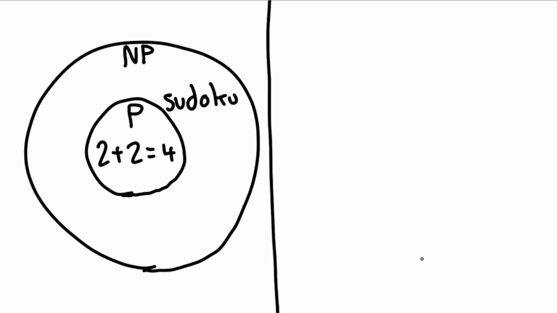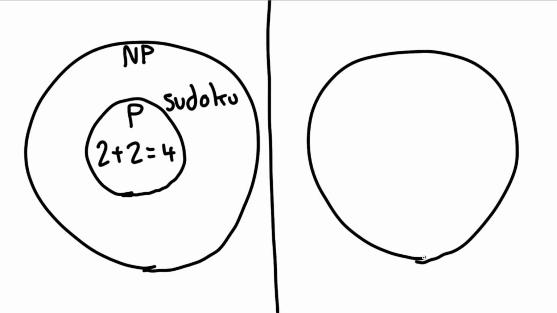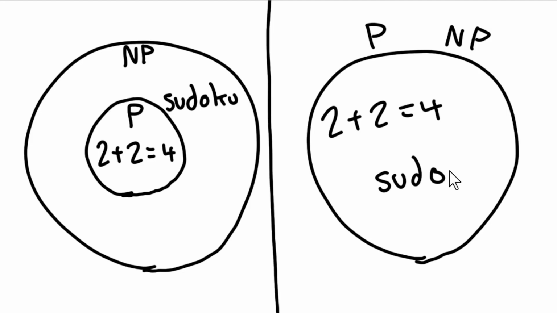So it would look like this: P and NP are both the same circle, and 2 plus 2 equals 4 and the Sudoku would both be in this circle. If NP problems have an easy solution, we don't know if they do, but if they do, then that would mean P equals NP.